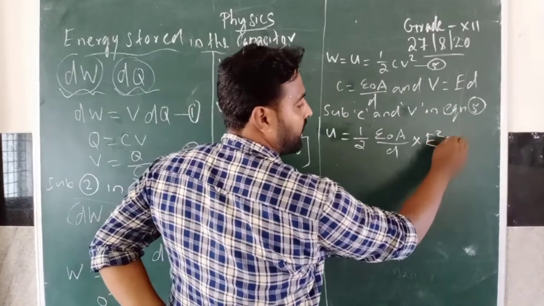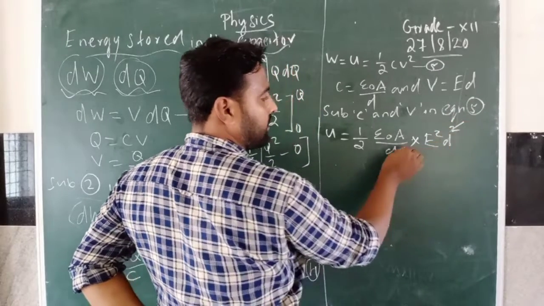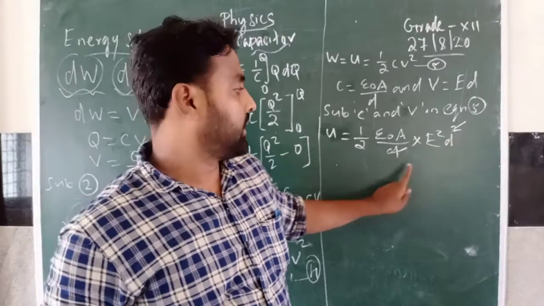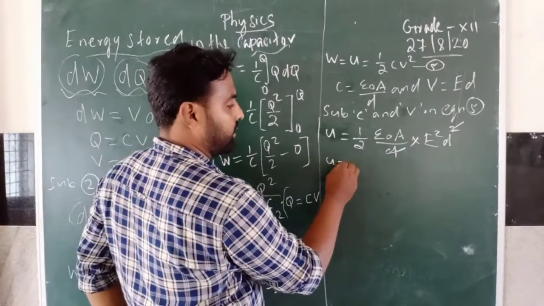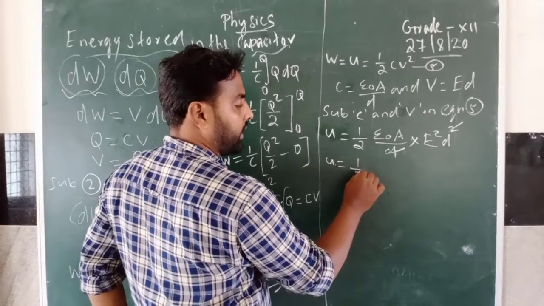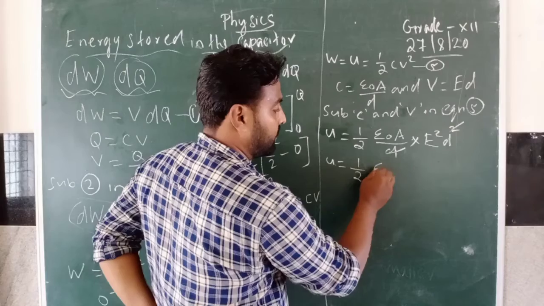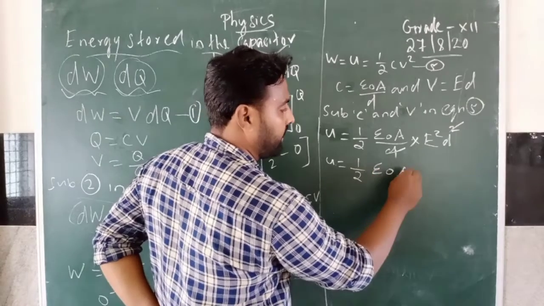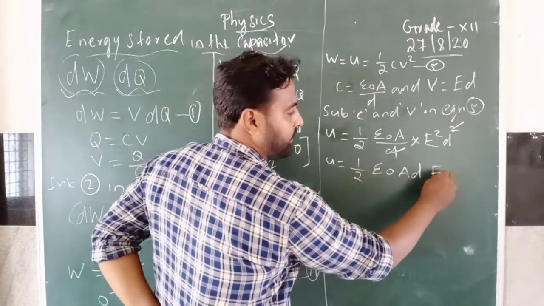E square D square. Here D cancels. So what is remaining? U equal to 1 by 2. Rearrange this formula and write now: epsilon 0 A D, E square.